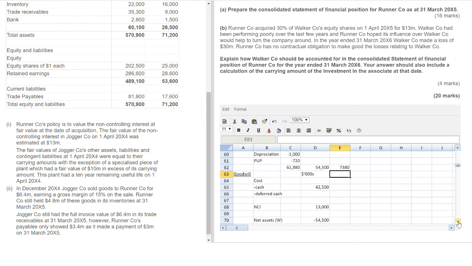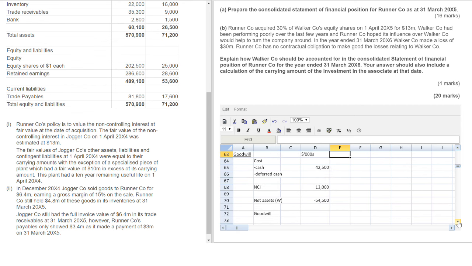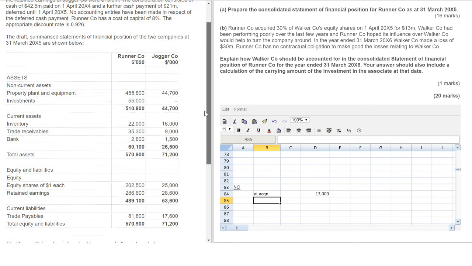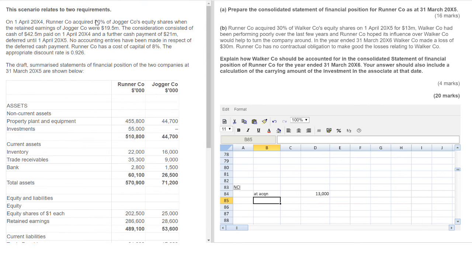I still need to work that deferred cash. I've got a little reminder and a mental note to do so. But what you've got there is, within your working for the non-controlling interest, apologies, we own 80%.